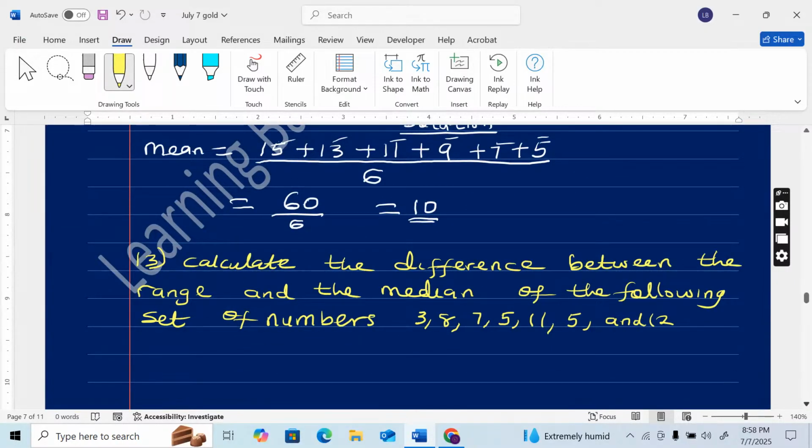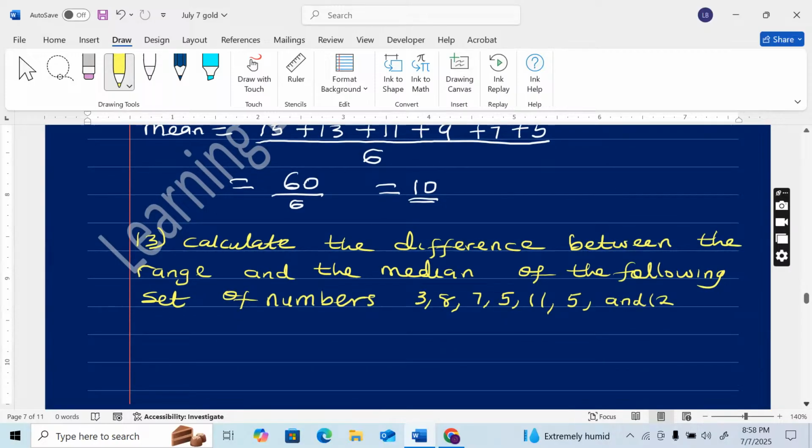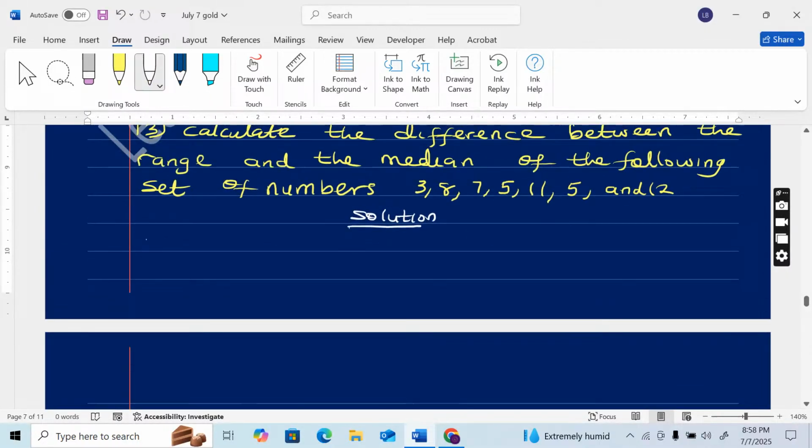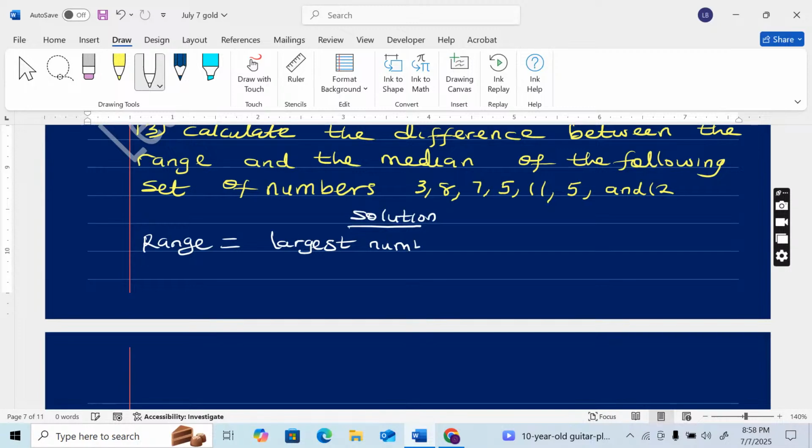Difference in mathematics means subtraction. Firstly, we need to know the range. Range means the difference between the highest number and the lowest number in the set of numbers we're given. So the range equals the largest number minus the lowest number.